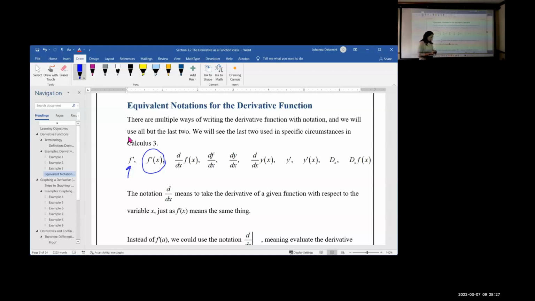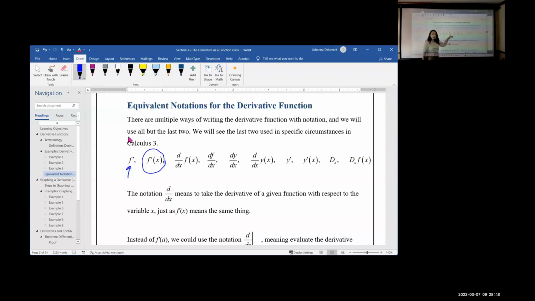You can also abbreviate that notation by dropping the of x and just writing df dx, which we usually just say like that, df dx. We don't say df by dx necessarily. It's divided by, but we typically just say df dx.